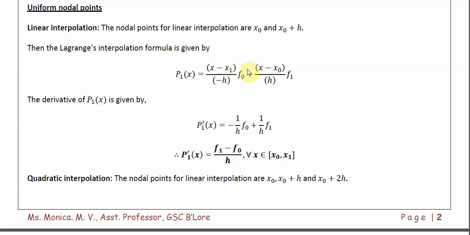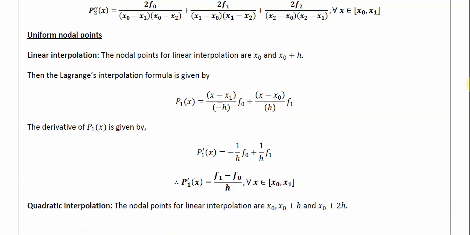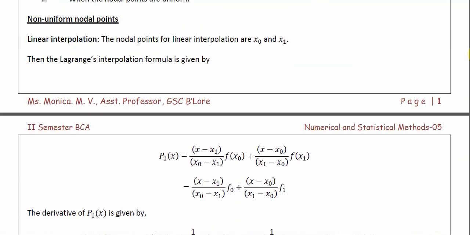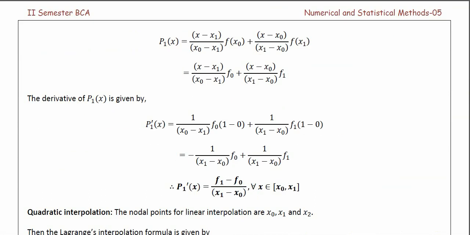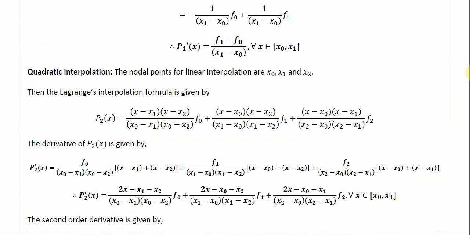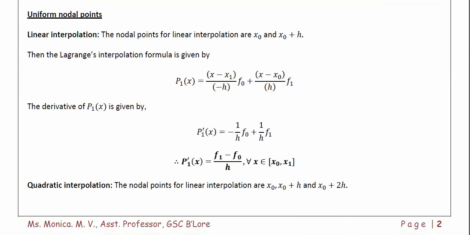And again simplify, we can take h common and I am going to get f1 minus f0 divided by h. This is nothing but the same linear interpolation formula we had before. Okay, x1 minus x0, the difference is h, therefore the first derivative is f1 minus f0 divided by h. I think we can substitute in the same formula, we are going to get the same thing here.